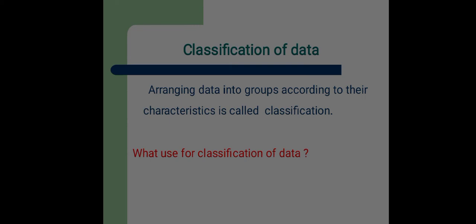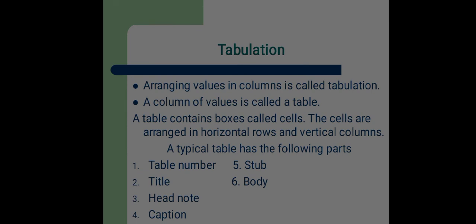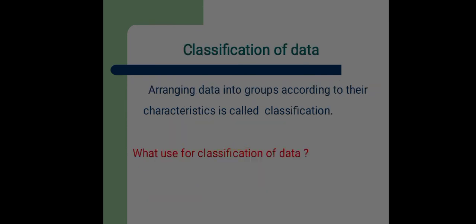Arranging data into groups according to their characteristics is called classification. What is the use of classification of data? There are four important types of classification: geographic classification, chronological classification, qualitative classification, and quantitative classification.